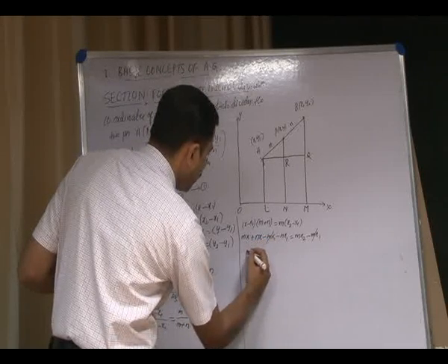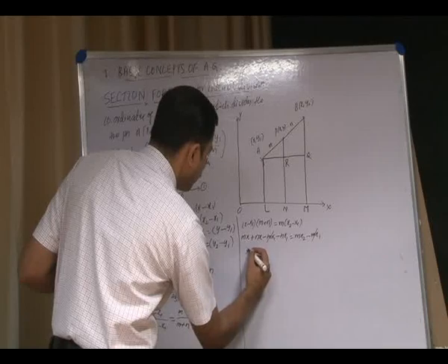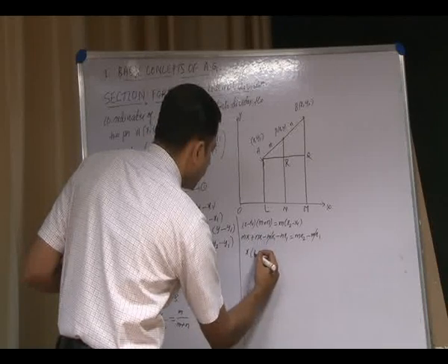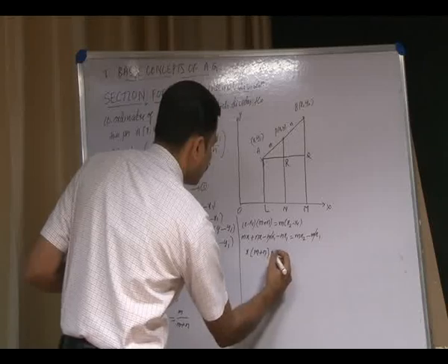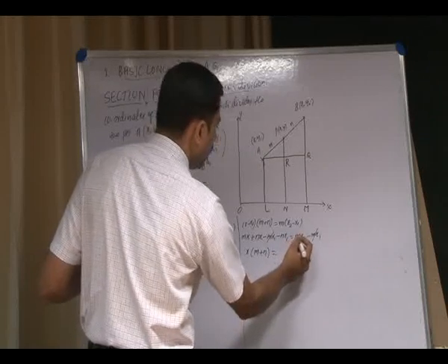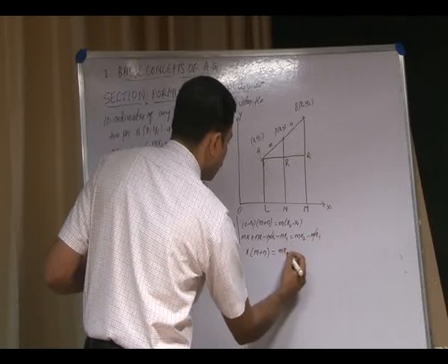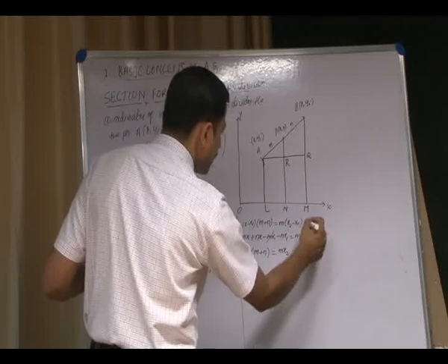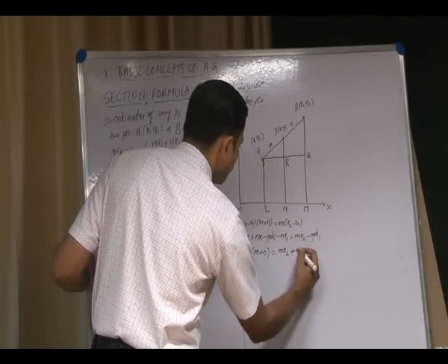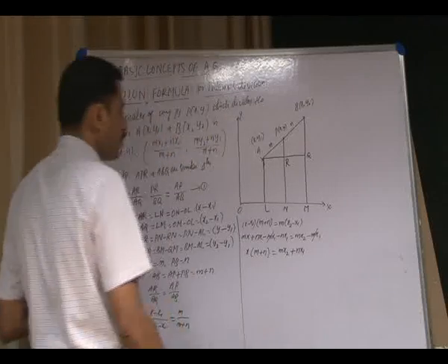In this I will take x out as a common factor, so you get m plus n times x is equal to, transferring mx2 and minus nx1 to the right hand side, we get mx2 plus nx1.